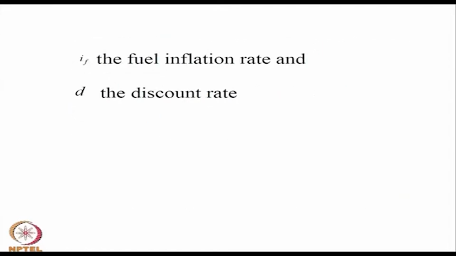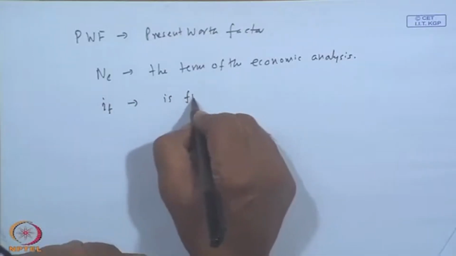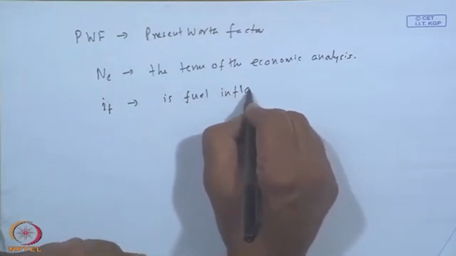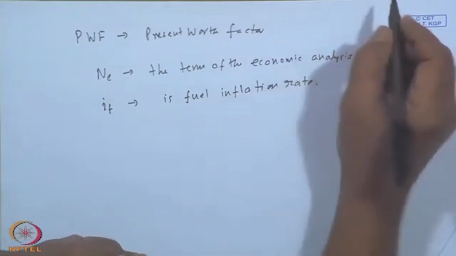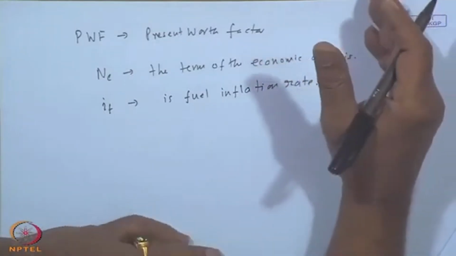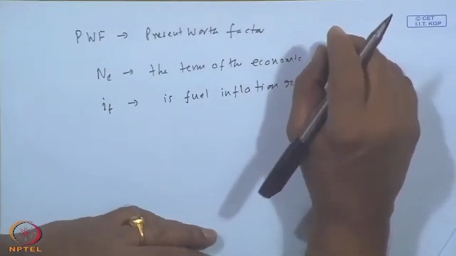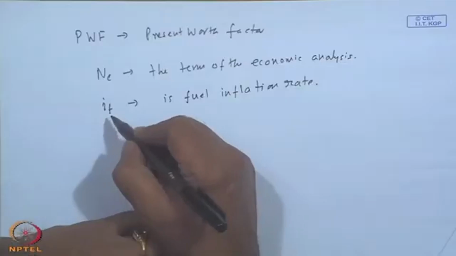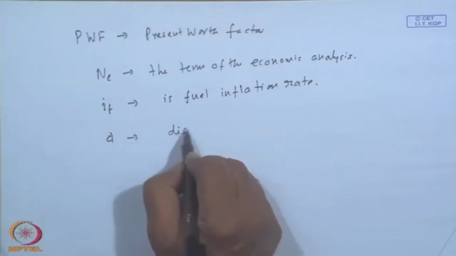IF is the fuel inflation rate. So, the fuel prices may be going up at the rate of 10%, 5% or whatever. So, compared to the first year fuel savings, the total fuel savings will depend upon what is IF, and D is the discount rate.